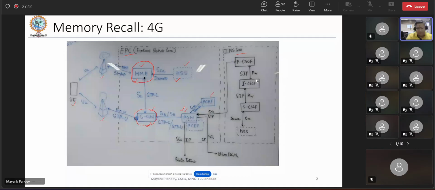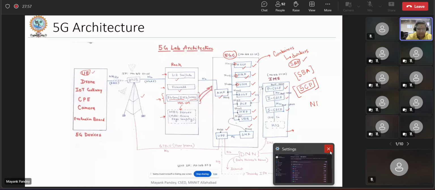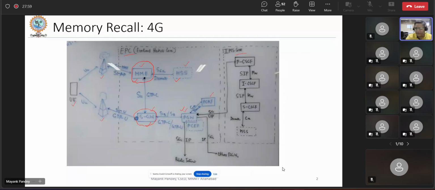In place of that, we now have network functions. And there is a technique known as network function virtualization. Means whatever network function was getting done by MME, it is getting virtualized in the form of a container.